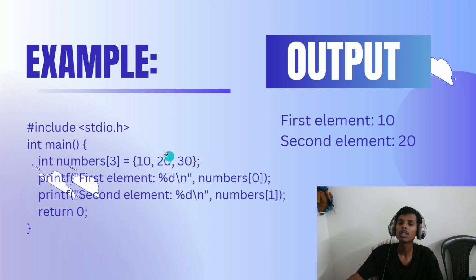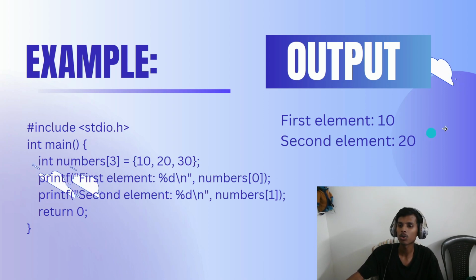Now I have to display the second element. For that we have used index number 1, right? So the output is in front of you. The first element is 10, the second element is 20. So with the help of array index numbers, we have accessed these array elements.